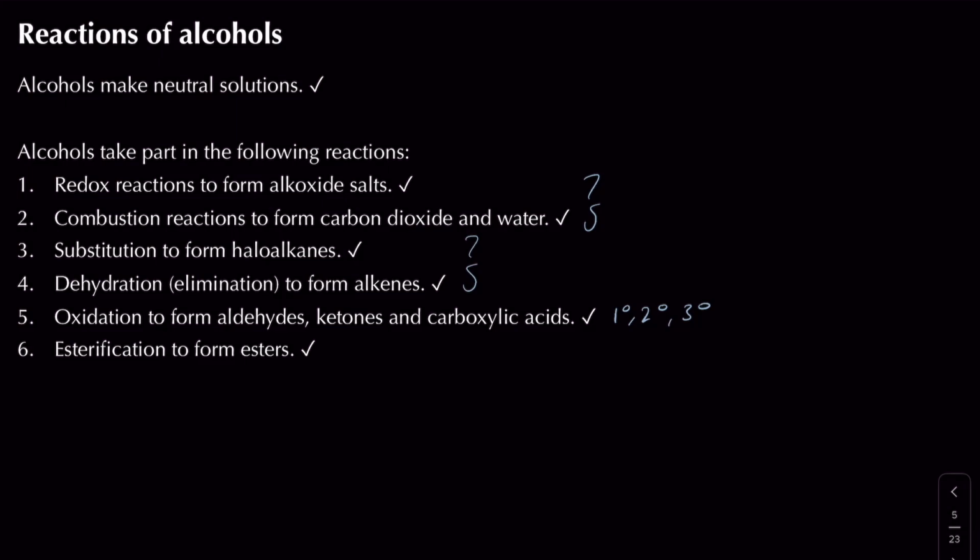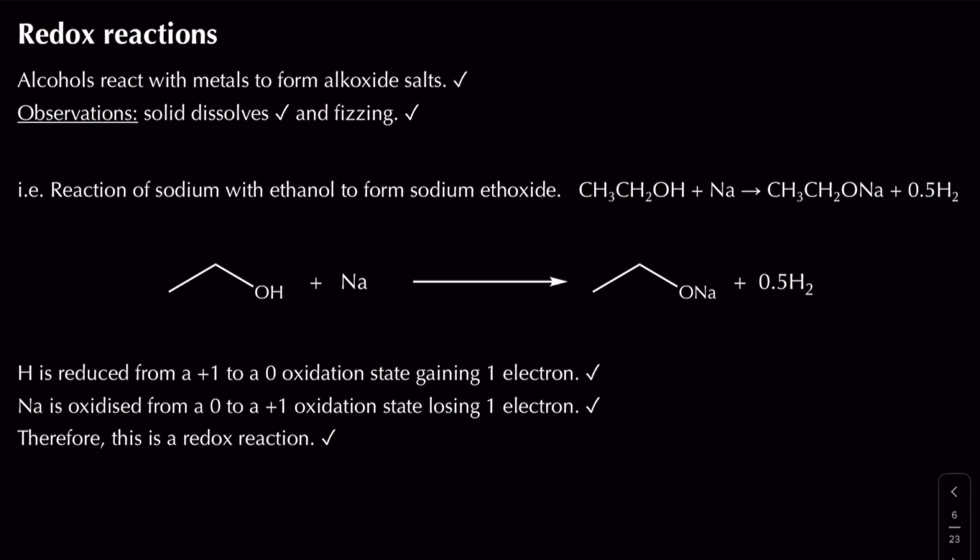Now, one important thing to note about our alcohols is that unlike carboxylic acids, and unlike phenol as well, the hydrogen on there is going to be, of course, neutral. It's not going to be acidic, and so we know they actually make neutral solutions. Their pH is going to be equal to 7. Now, if I were to look at our first reaction, our redox reaction, it's very similar to how carboxylic acids react with metals in redox reactions, not neutralization.